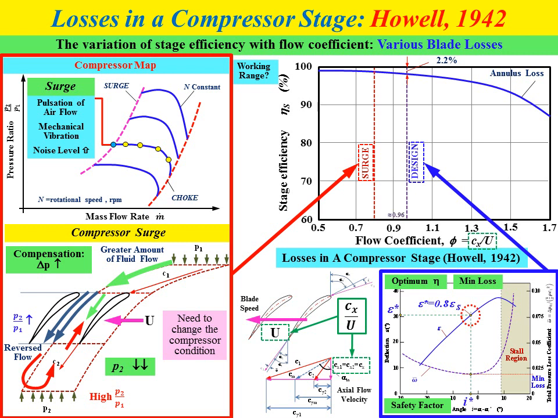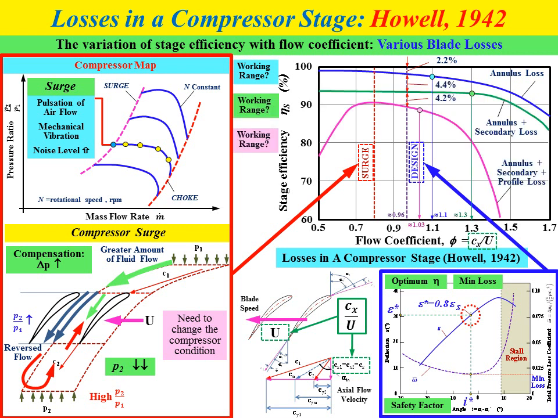Okay, so if you ask about the working range at that condition, probably the working range we can choose starts from the design point, which is flow coefficient equal to 0.96, up to around 1.1 in terms of the value of flow coefficient.